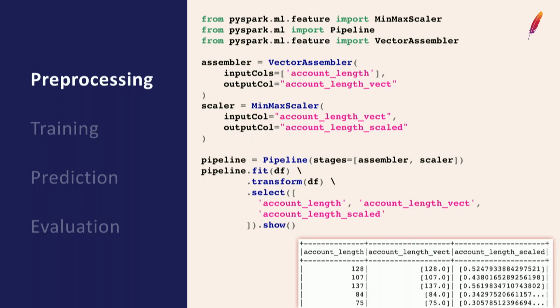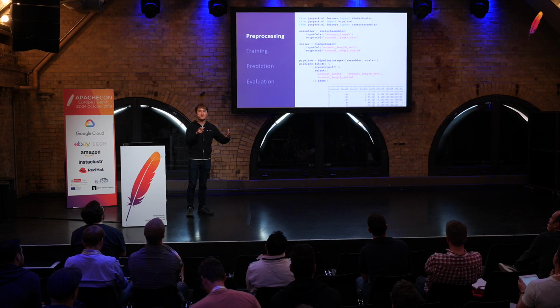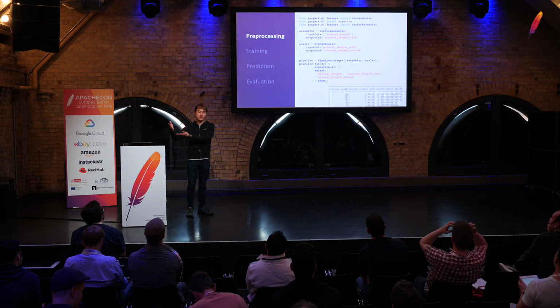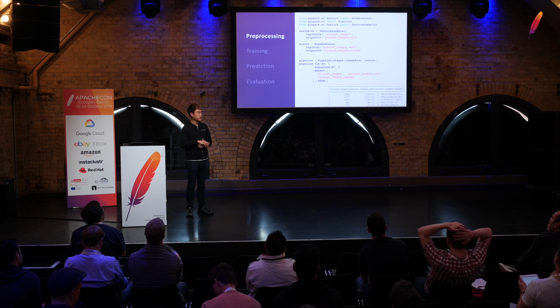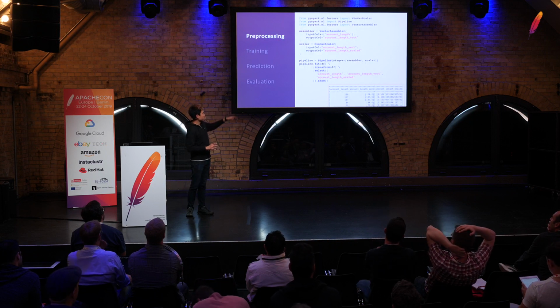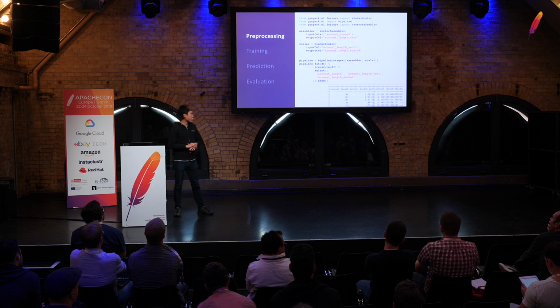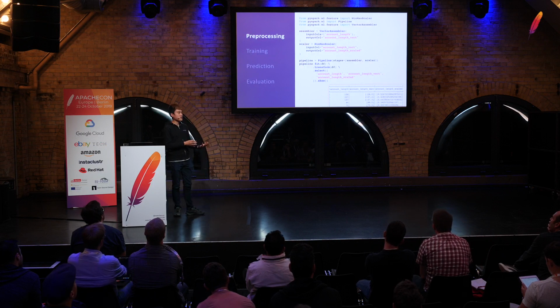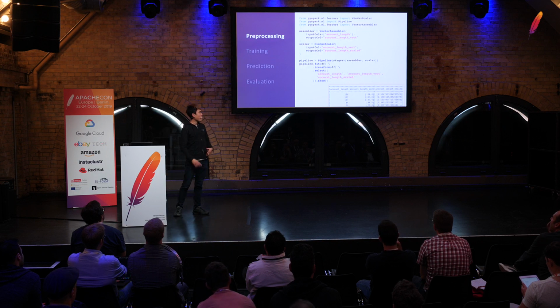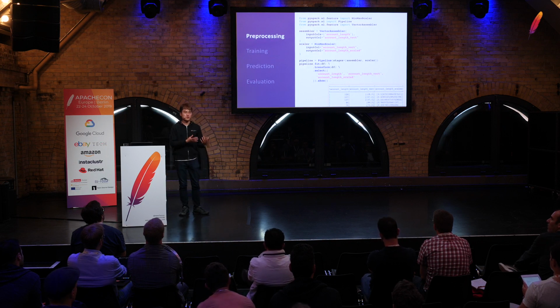So you can create a single pipeline by concatenating multiple operations for multiple different columns in the data frame. So this kind of flexible code can be written for the PySpark data frame. And once you do that, you can obtain the normalized value for, for example, this account length column.